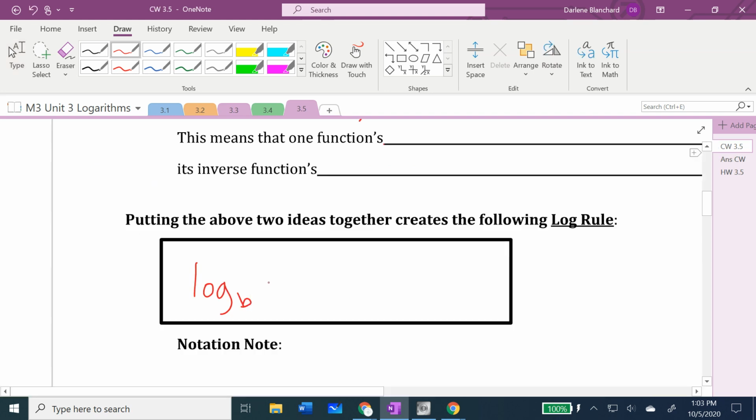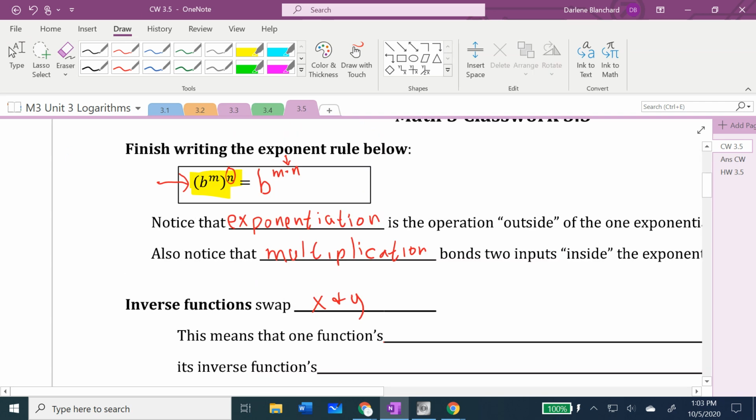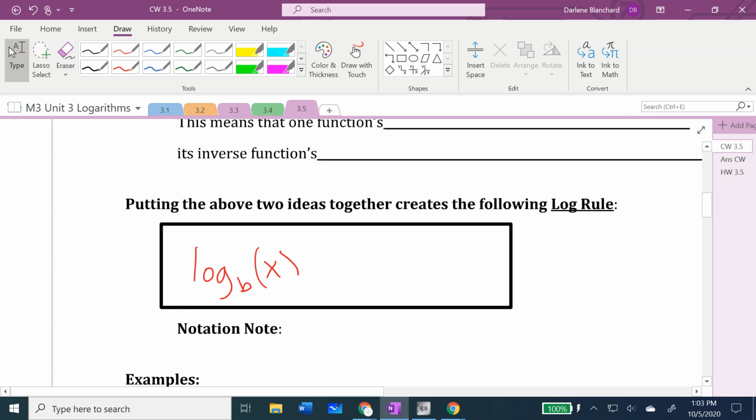So if I have log base b of X, and I want to look at exponentiating inside the function, then inside this parentheses, I'm going to put a power, P for power. Now, I don't have to have that parentheses, and that's the notation note. And now I'm going to write log base b of X.